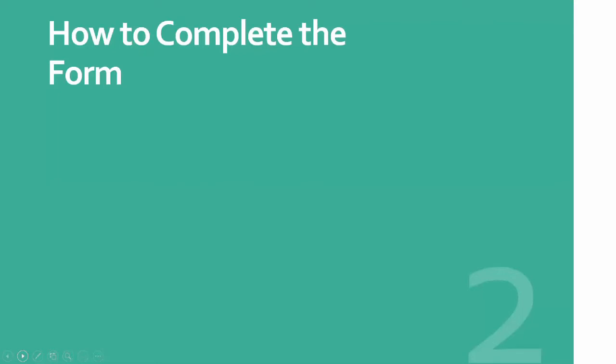So now that we know some of the things that we should be doing beforehand, and we know what information we need, let's move into how to complete the form. And throughout the conversation about completing the form, I will make sure that I give you some other best practices and common mistakes to avoid.